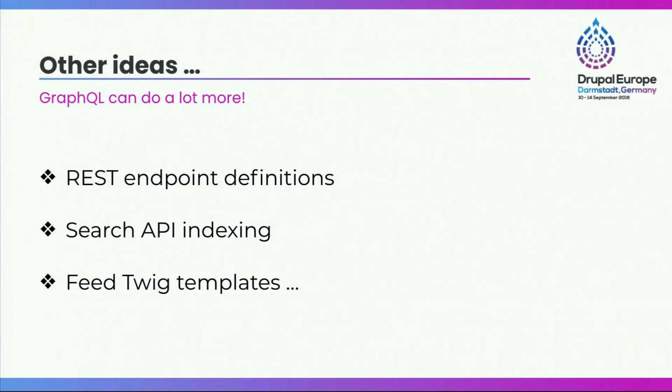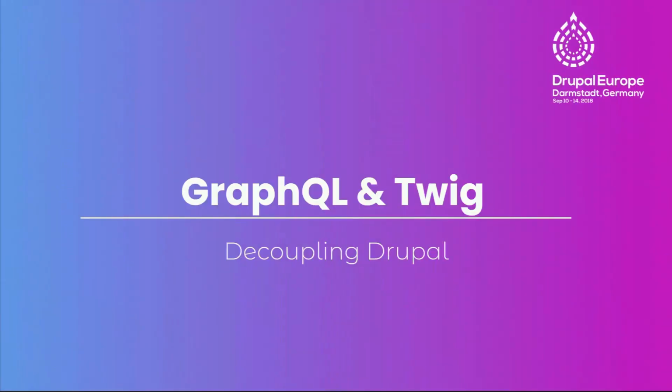You can even add other resolvers if you want to add different fields or other information to your index. This could all work. And the idea that we're going to talk about today is you could feed Twig templates outside of the context of HTTP. And now we're going to talk about GraphQL and Twig, decoupling Drupal within Drupal.